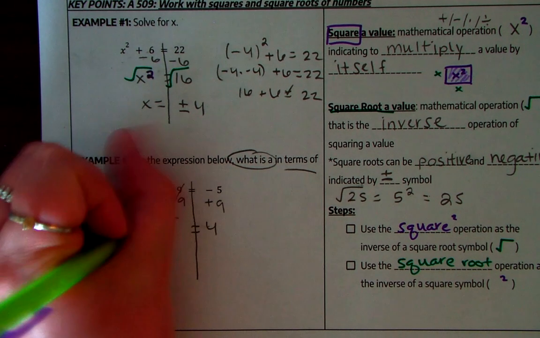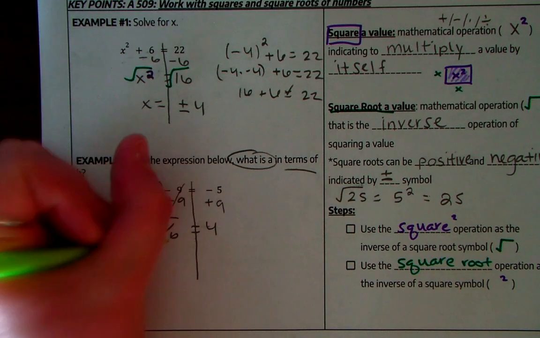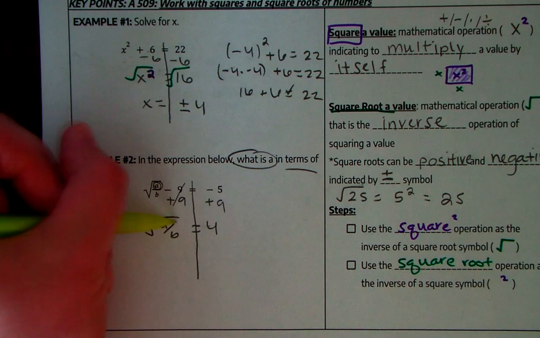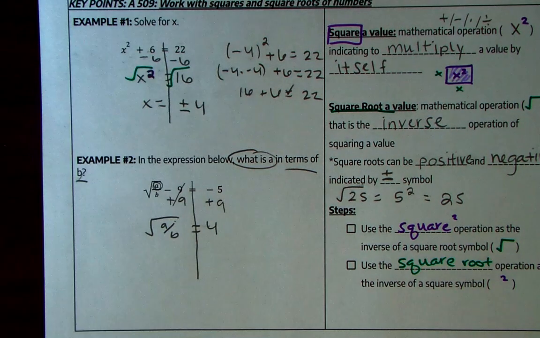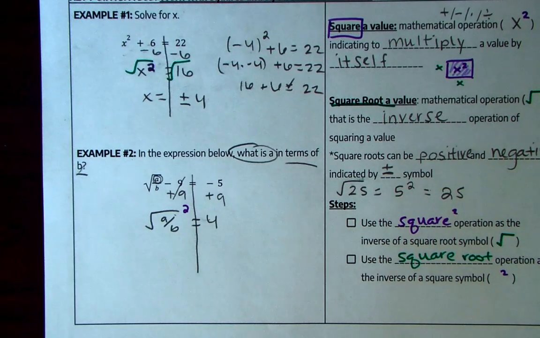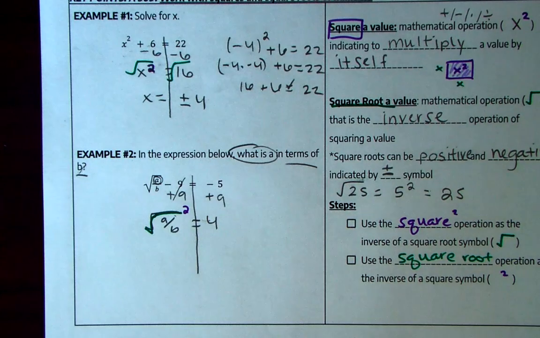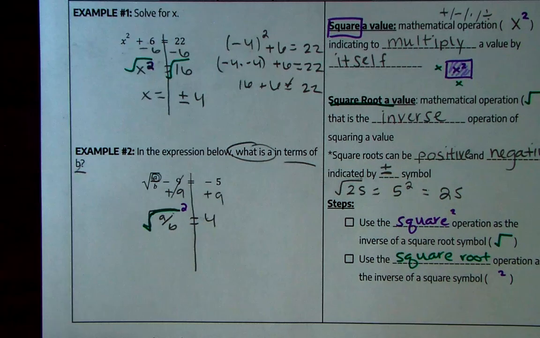And then I'm left with the square root of A over B. Now, before I can do anything else, I have to undo the square root, before I can deal with the B. So now I'm going to do my squaring, because, again, I saw this square root here. So I'm going to square both sides.